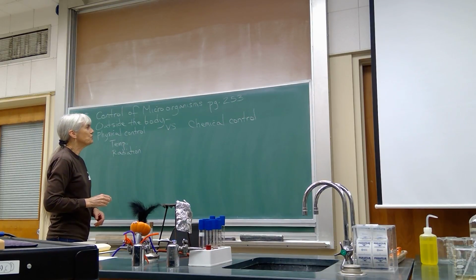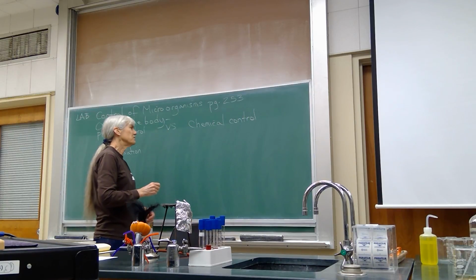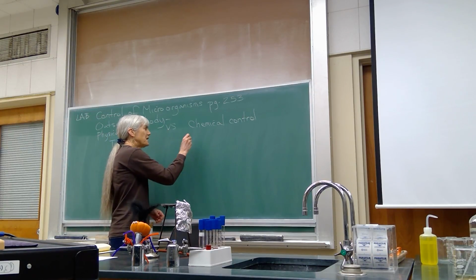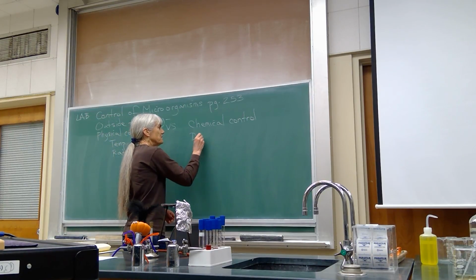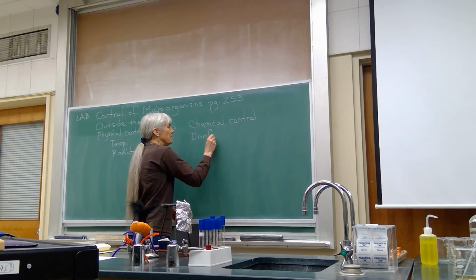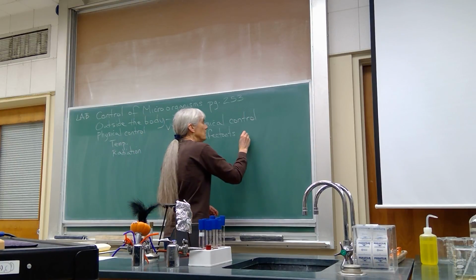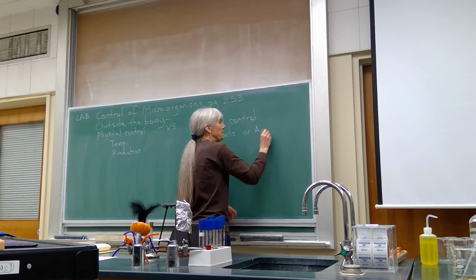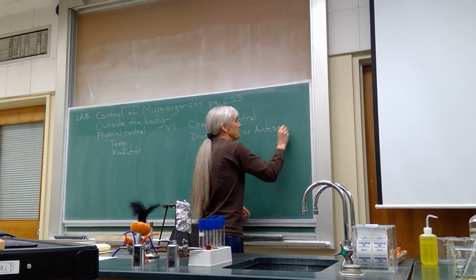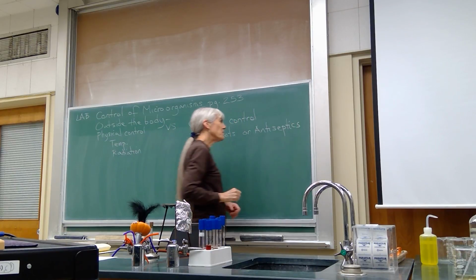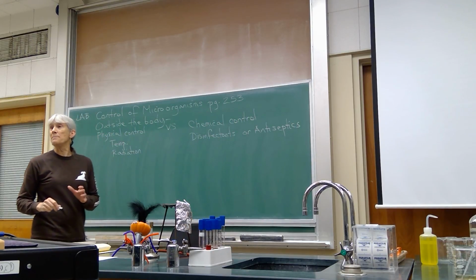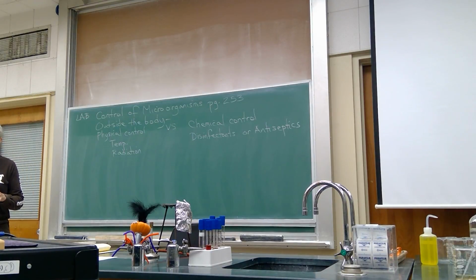And our chemical control, we have a variety of different chemicals, but they can be divided into disinfectants or antiseptics. And both of them are going to control potentially pathogenic organisms, but in different locations.